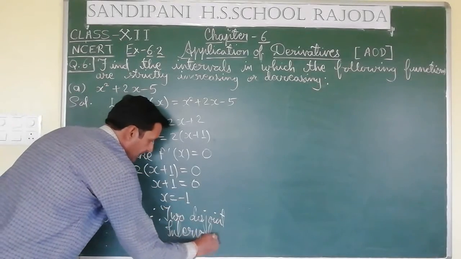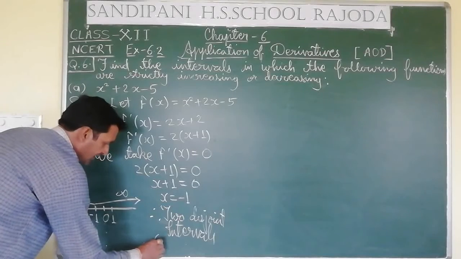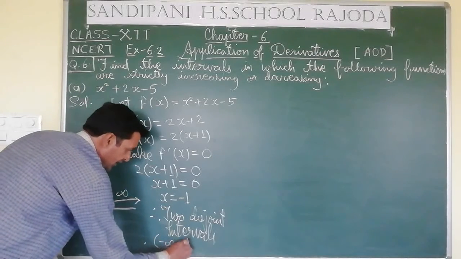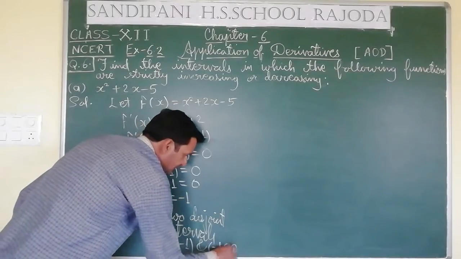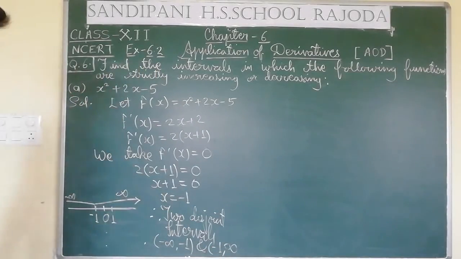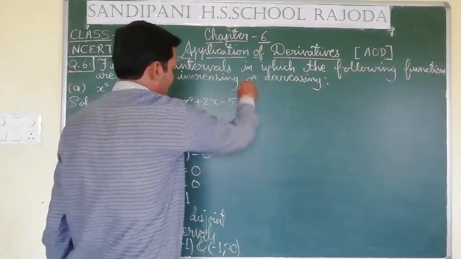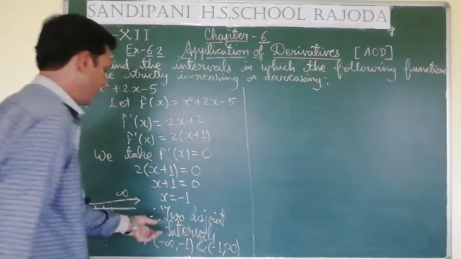Which are they? These two disjoint intervals are minus infinity to minus 1 and minus 1 to infinity. So let us check where f dash x is negative and where it is positive.